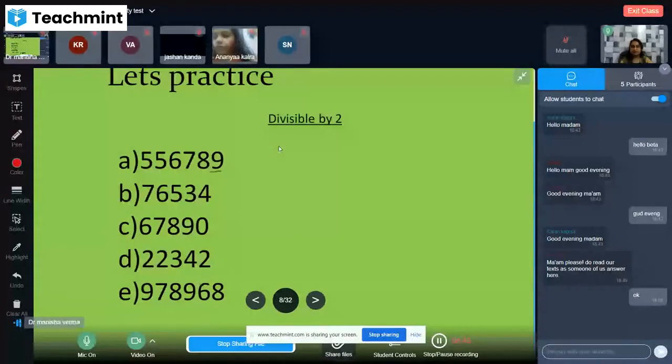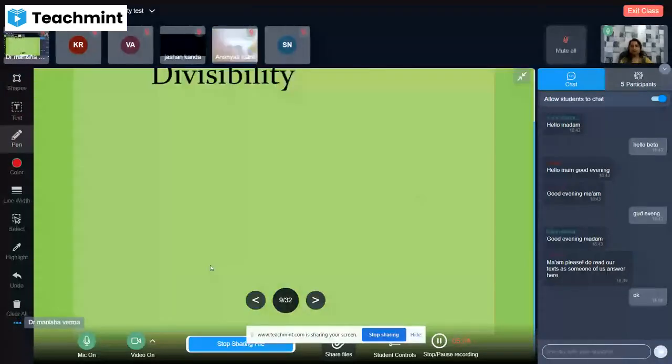Let's put a cross here. Then we take this number. See the units place? It is 4. Yes, this is divisible by 2. Sorry, fine. Now let's move further.